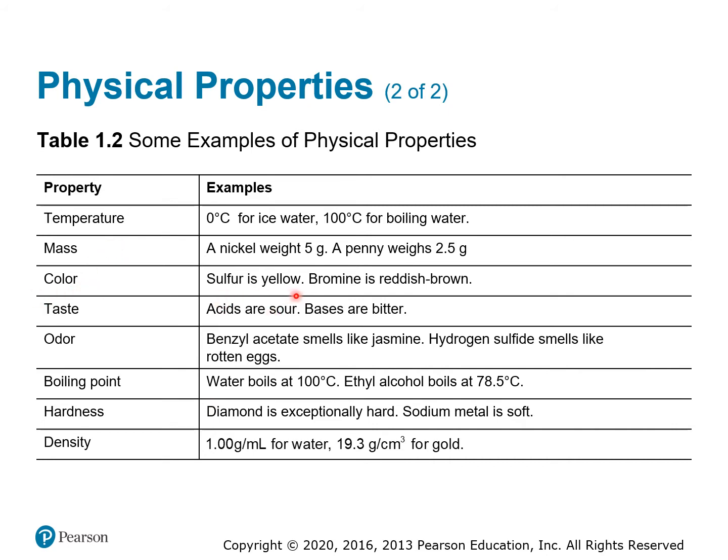Sulfur is yellow and bromine is reddish brown, or copper was this bronze copper color, right? Or taste. Acids are sour, bases are bitter. Or boiling point, water boils at 100 degrees Celsius. Or density. Density of water at normal temperature is 1 gram per mL. Or density of gold is 19.3 grams per cubic centimeter. So these are the physical properties.